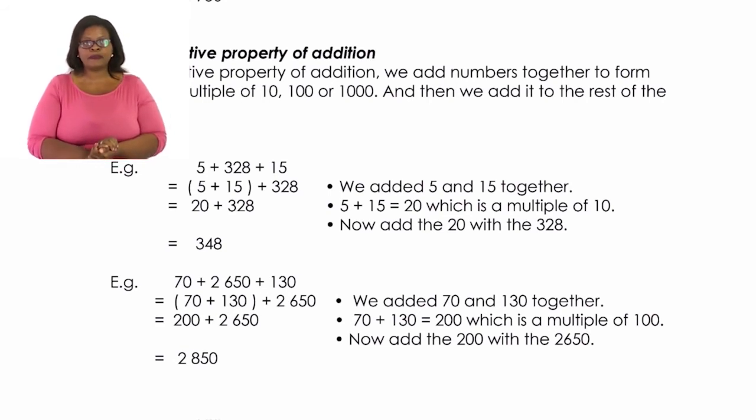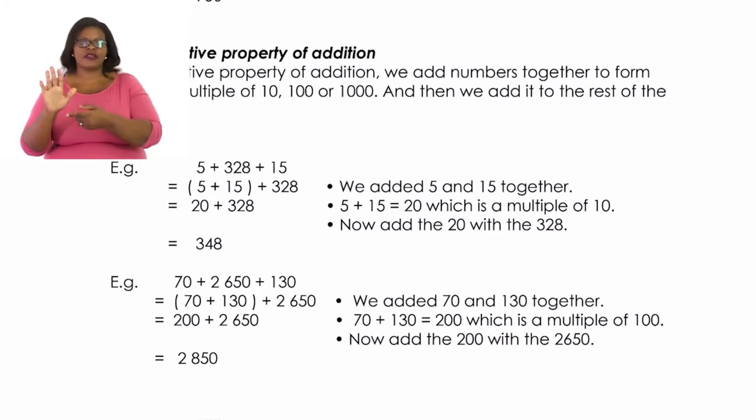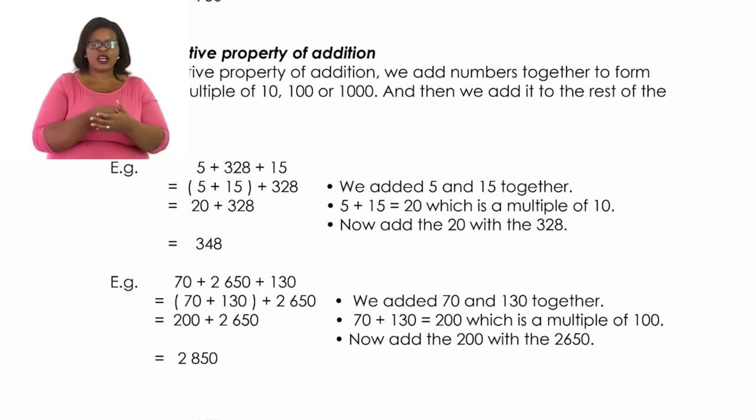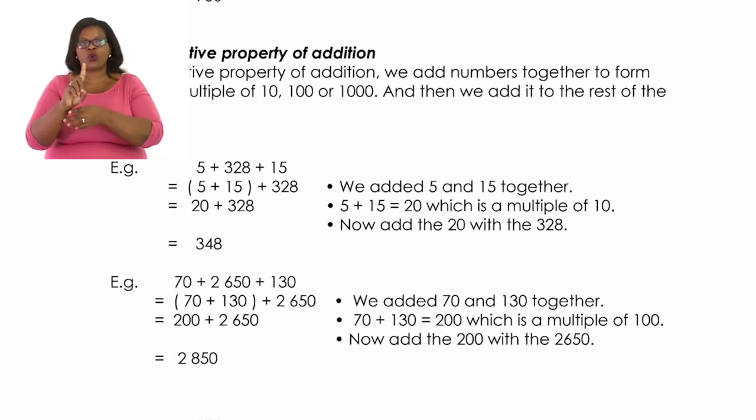Now let's go over to our examples in our book. Example 1, 5 plus 328 plus 15. Now we have to group numbers together. Now what we do here is we try to group numbers together to either give us a number which is a multiple of 10 or 100 or 1,000.